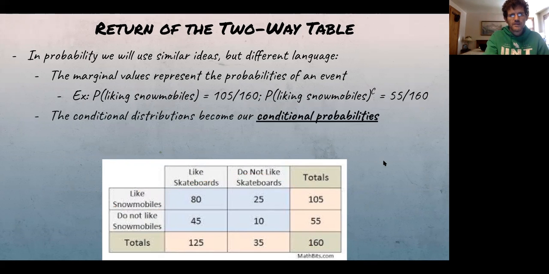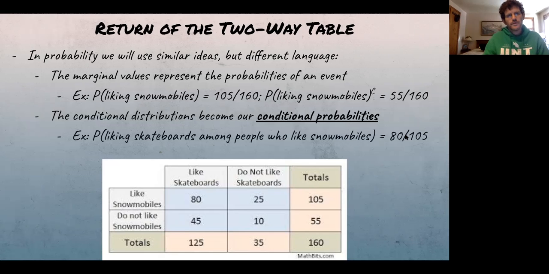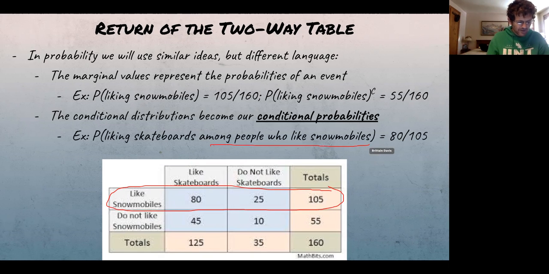But then we can get conditional probabilities within that table itself. So the probability of liking skateboards among people who like snowmobiles. First of all, we call this conditional because, and we already talked about this in the past too, it's a rehash, on the condition that someone likes snowmobiles, so only looking at this row, because it says among people who like snowmobiles, what's the probability of liking skateboards?